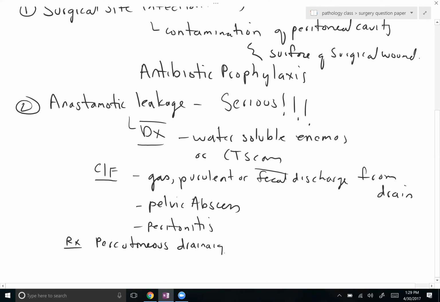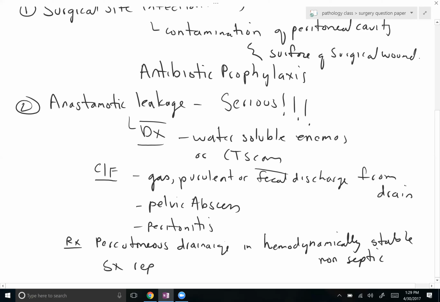Now, this is done in hemodynamically stable patients, non-septic patients.